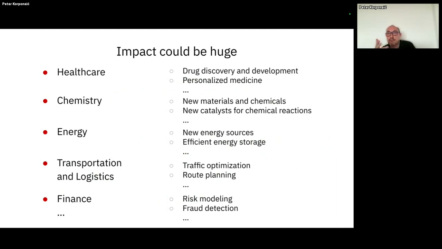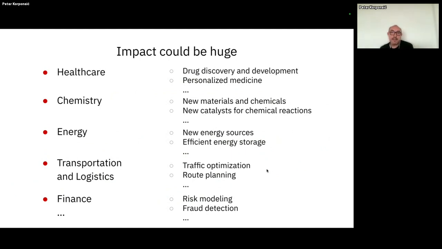In chemistry, we can make new materials and some catalysts for chemical reactions and so on. In the energy sector, we need new energy sources, because energy production and storage is a big problem today. Also, for example, better batteries for electric vehicles, by calculating molecules that could perform better than current batteries.